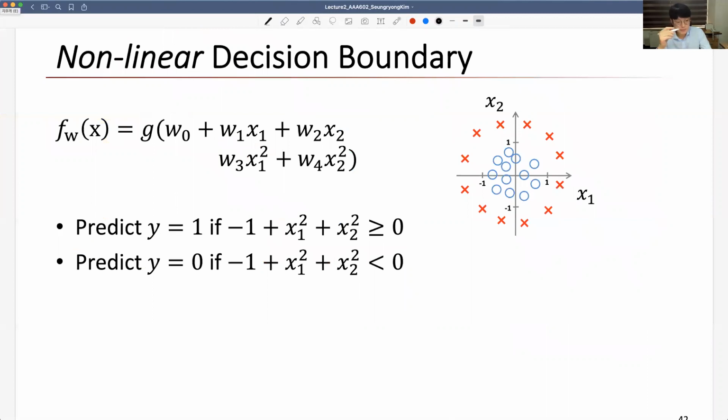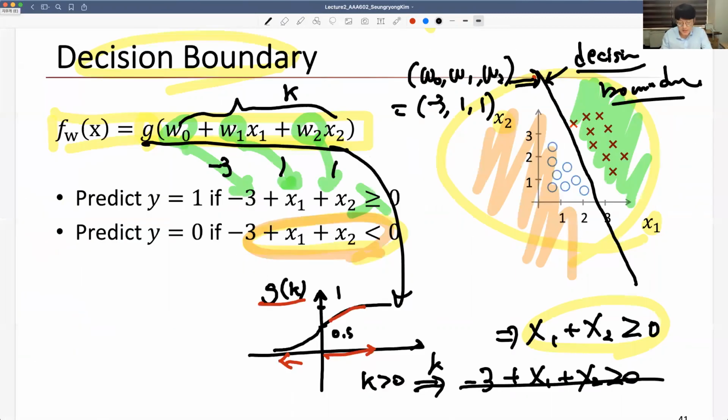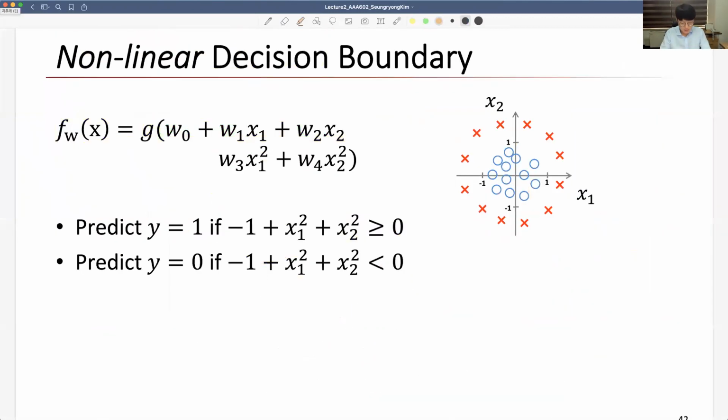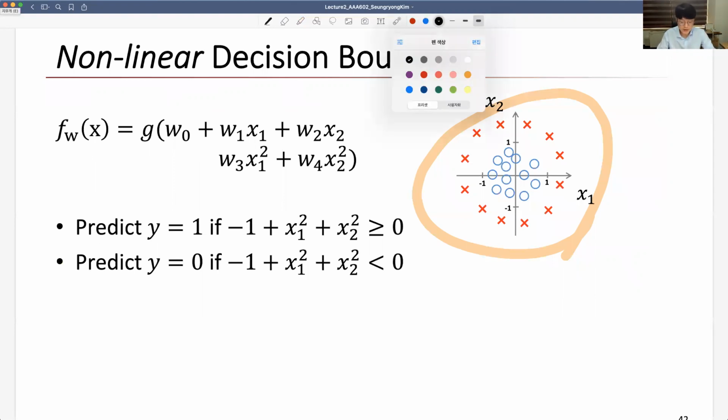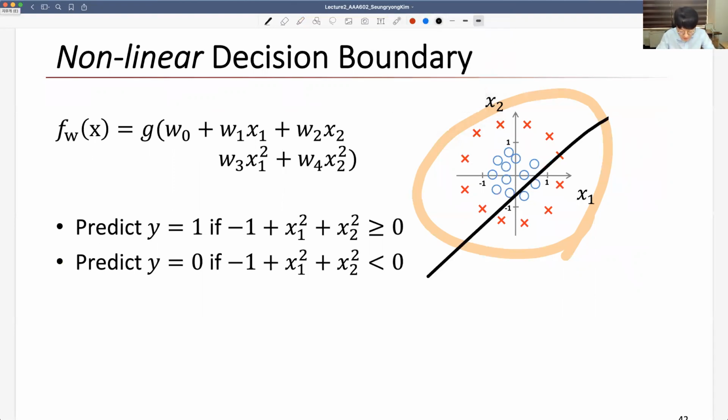But comparing to this case, this is a really challenging case, right? As you can see here, it is really hard to find a straight line that classifies these samples properly, right? Any straight line cannot classify these samples well.